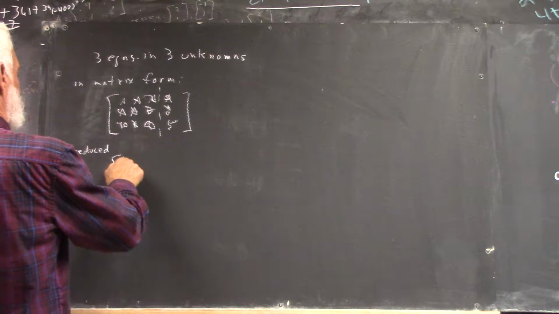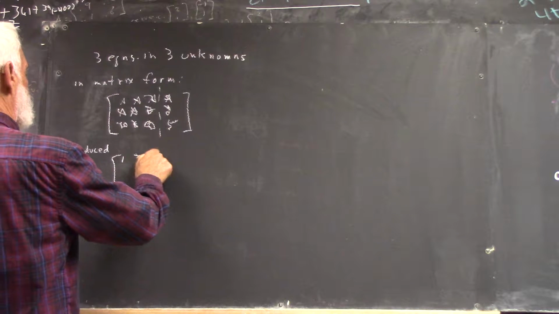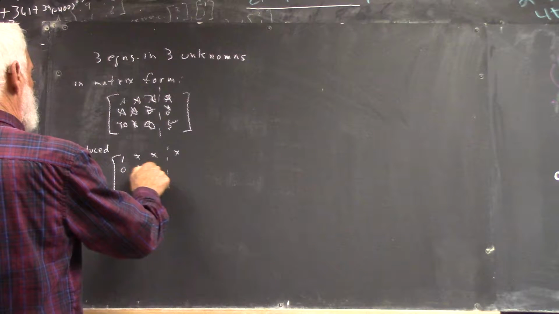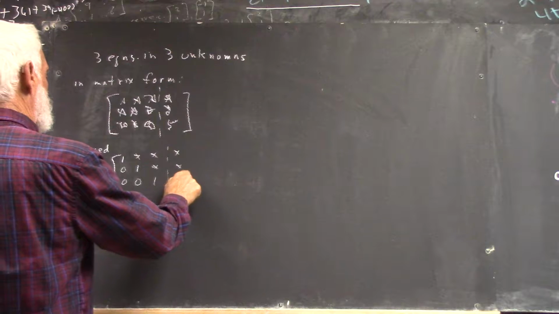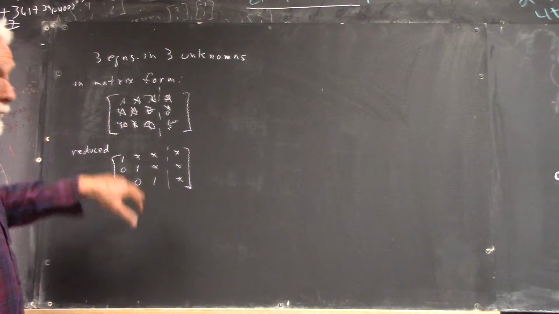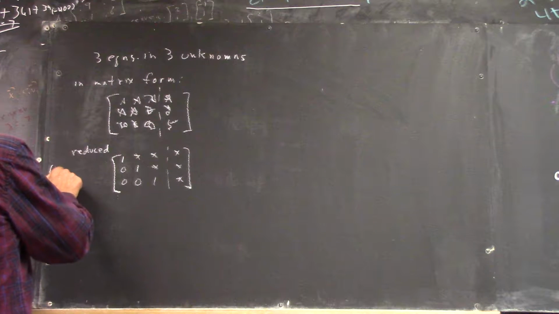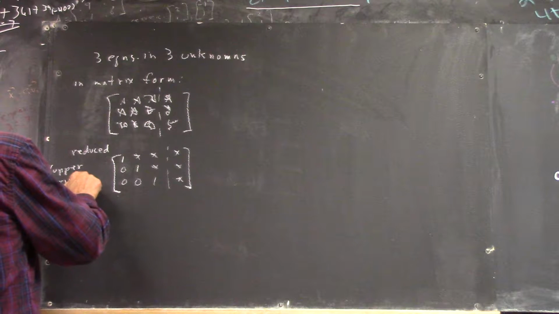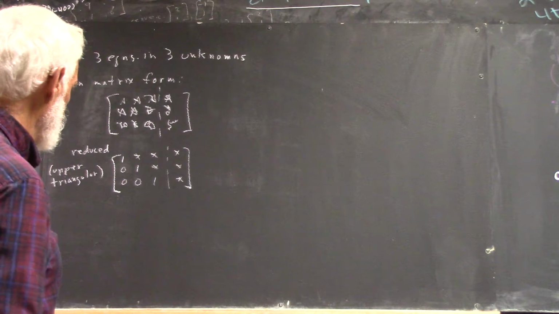Reduced. The asterisks are just different numbers, whatever numbers you end up with, right? So reduced to upper triangular form, it looks like this.